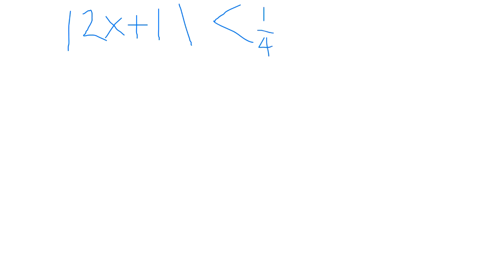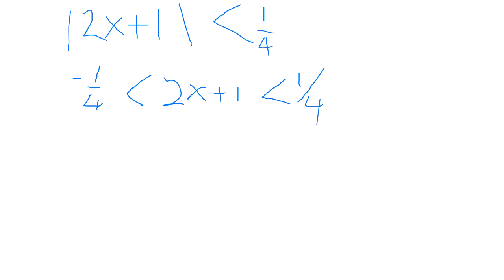It simply means that this 2x plus 1 is greater than minus 1 over 4 and less than 1 over 4.